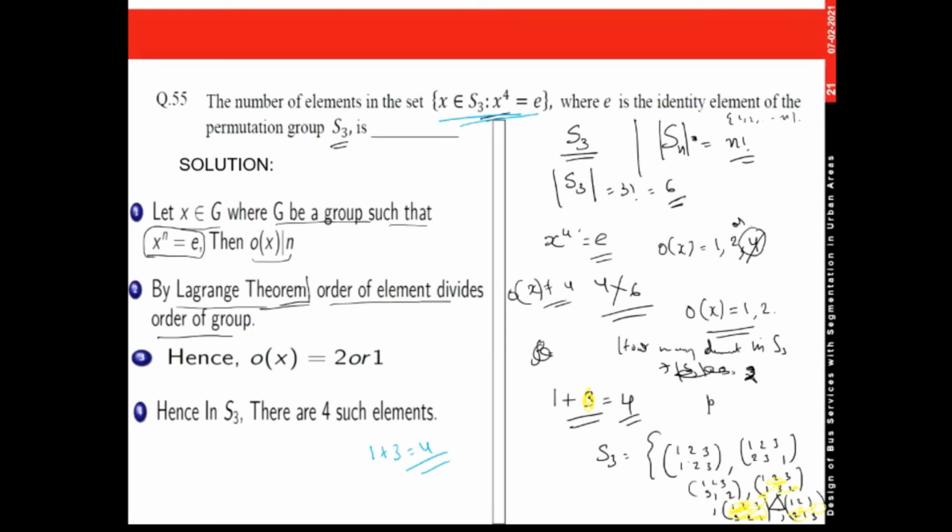And if you want, S3 is actually isomorphic to D3. D3 means the mirror images of a triangle.